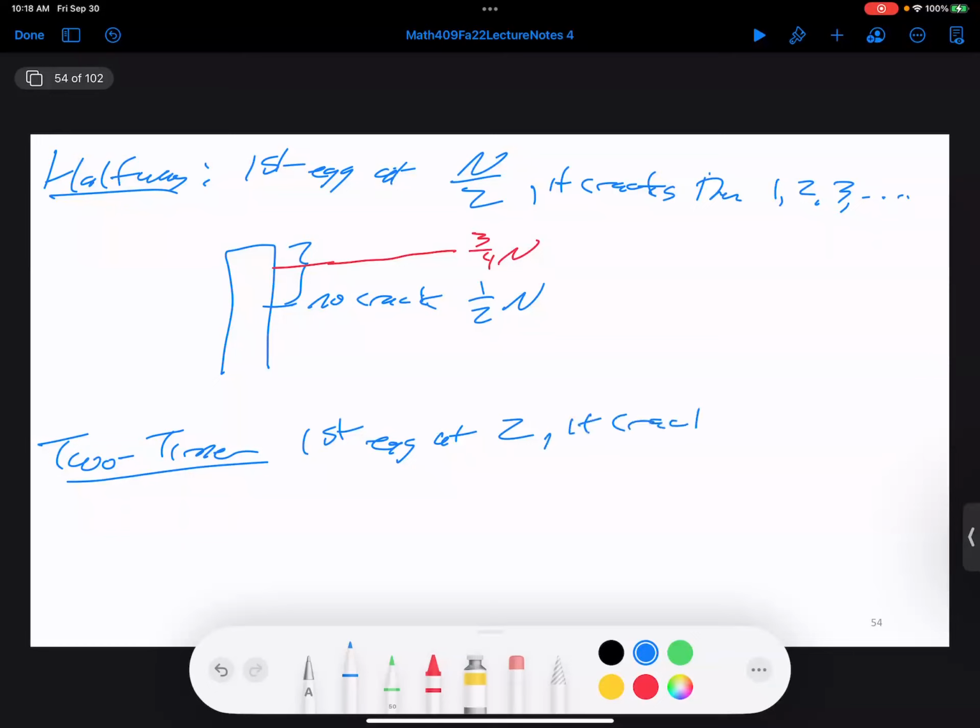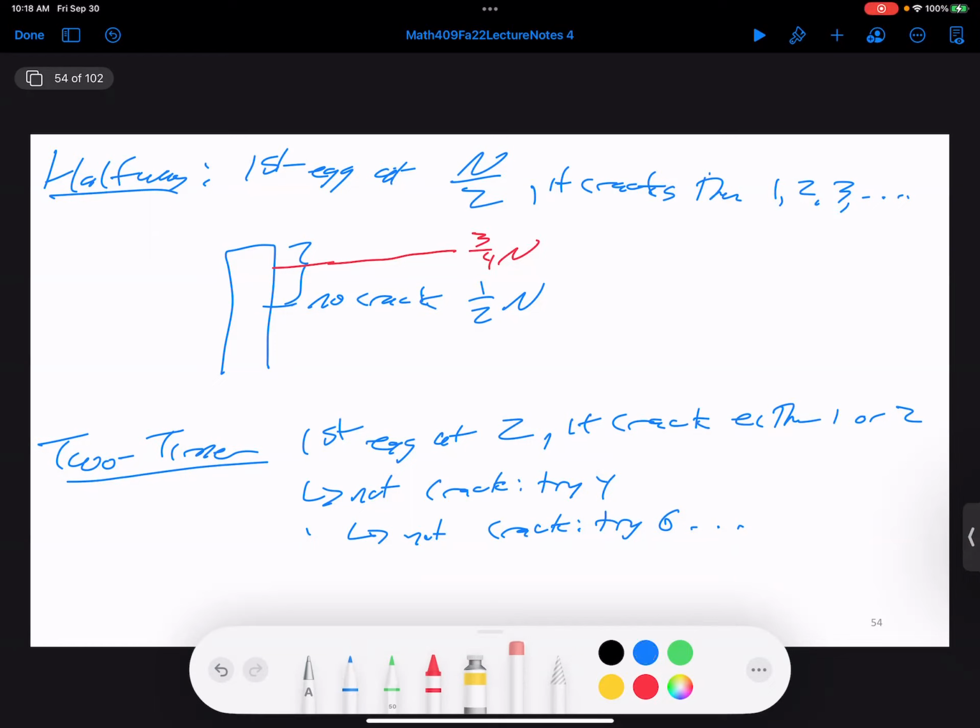If it cracks, either 1 or 2. Not crack, try 4. Not crack, try 6. So your strategies are complete opposites. With your strategy, you eliminate a whole slew in the beginning if you're lucky.